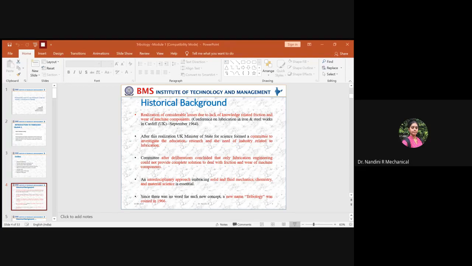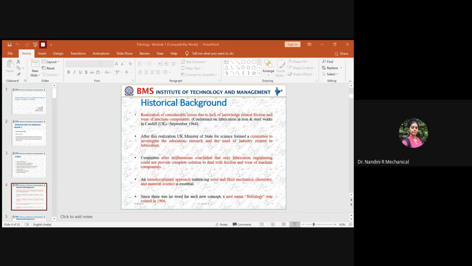As a result, an interdisciplinary approach was necessary to solve these problems. They identified that concepts of solid mechanics, fluid mechanics, partially chemistry, as well as material science are essential to overcome the problems faced in these lubrication-based industries.